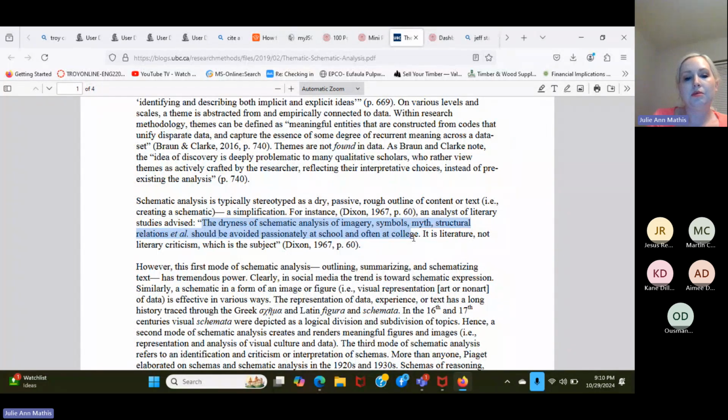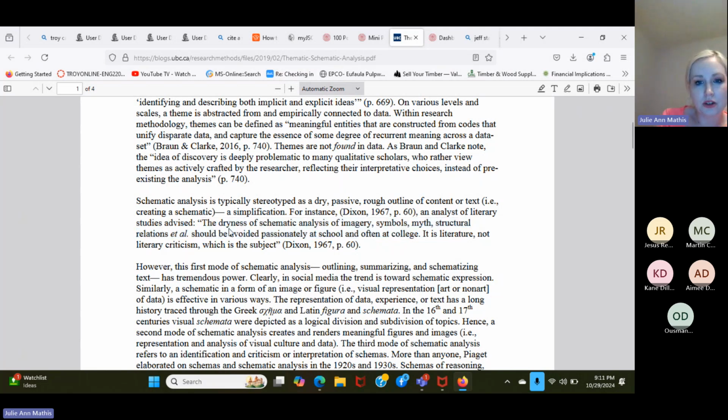So, in a thematic analysis, you're trying to kind of decode a pattern that you see, whether that's looking at a theme or whatever type of pattern that you're looking for.